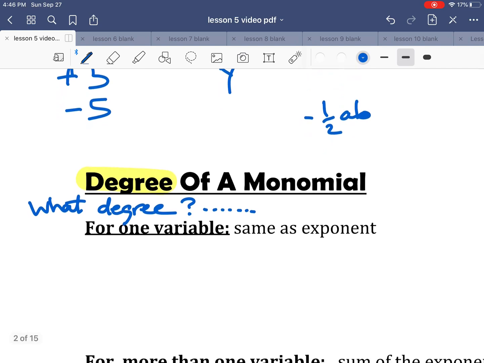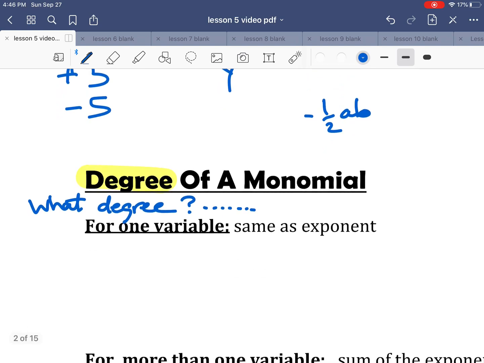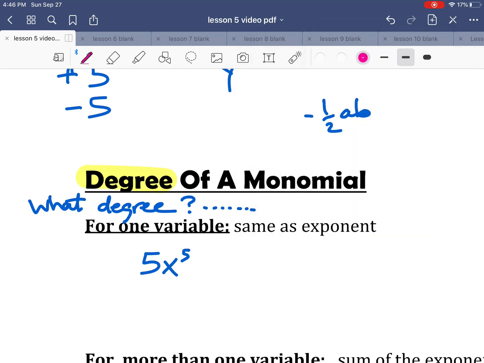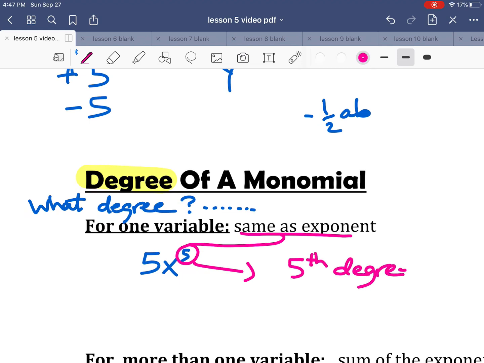For example, if it's only one variable. So let's say this would be my question. I really am only looking at that one. It's telling you same as exponent. So you're only looking at this. So your answer would be 5th degree or 5 degrees.